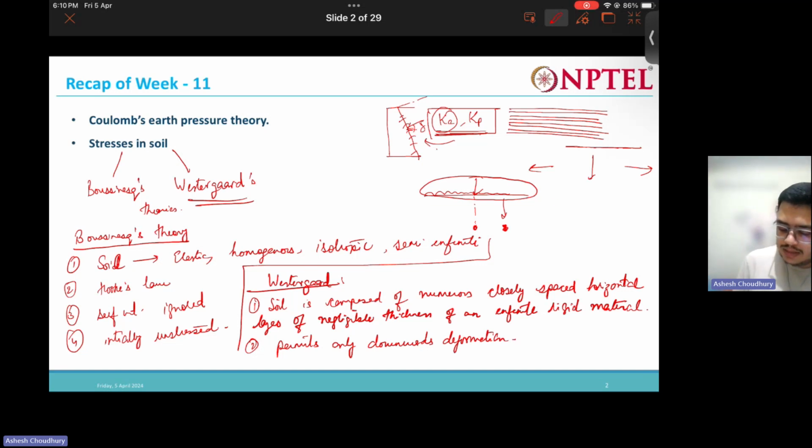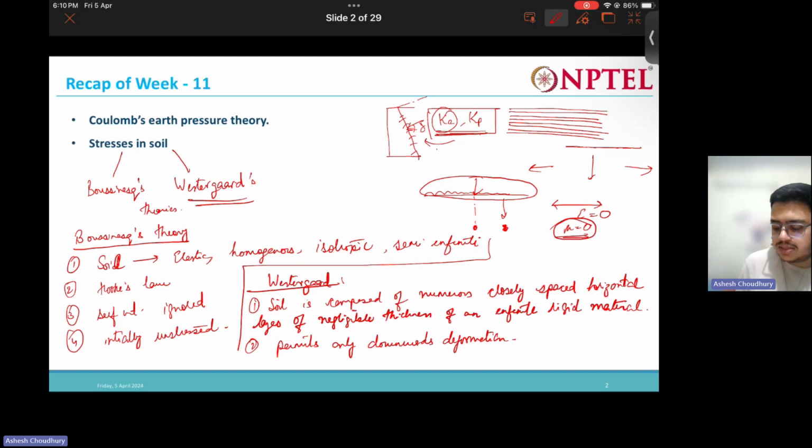It assumes that in the lateral direction the strain is zero. That means in the lateral direction the Poisson's ratio is zero.